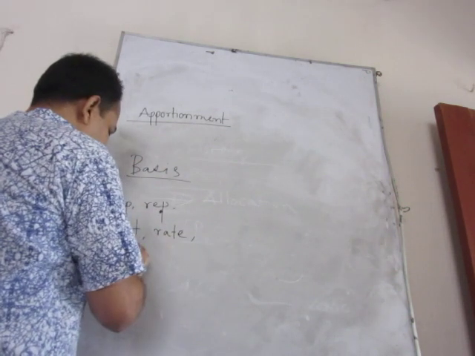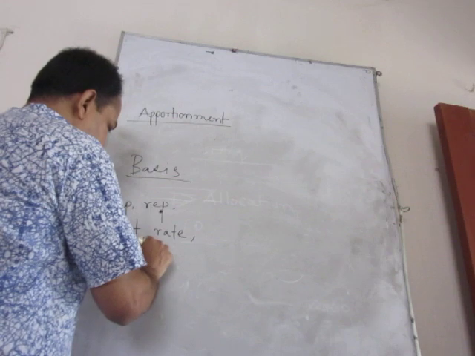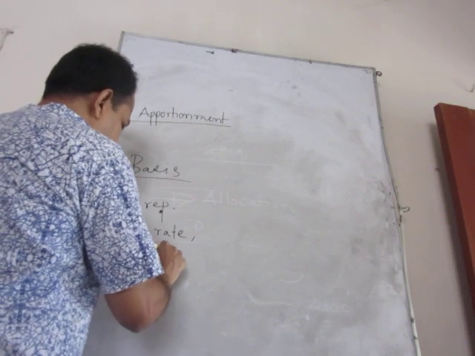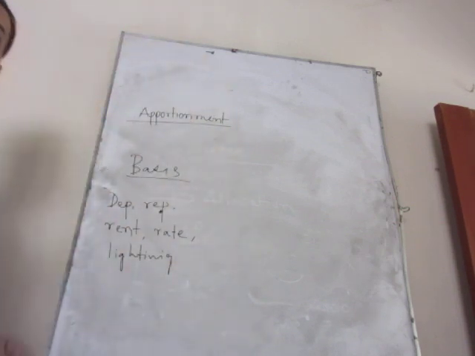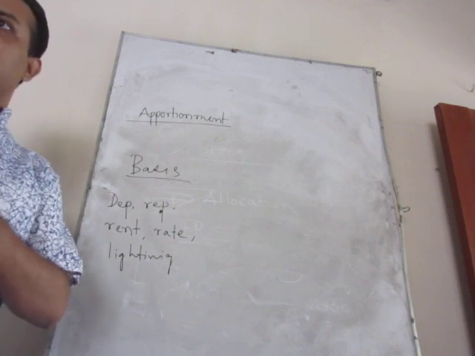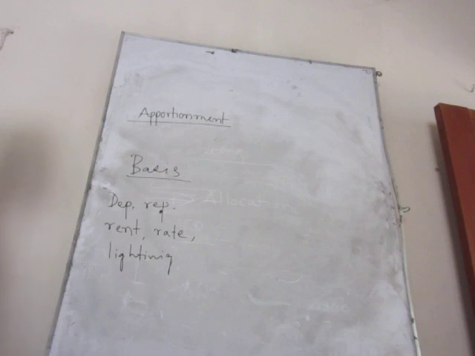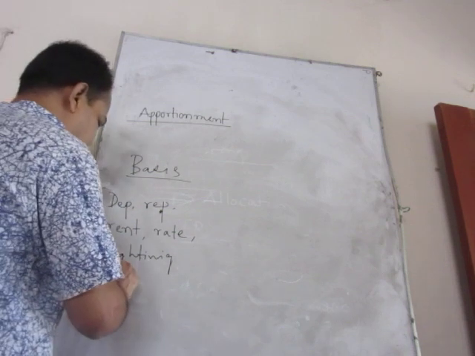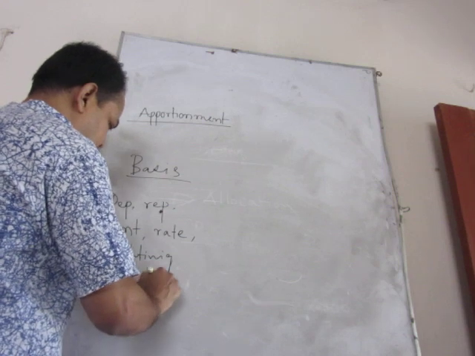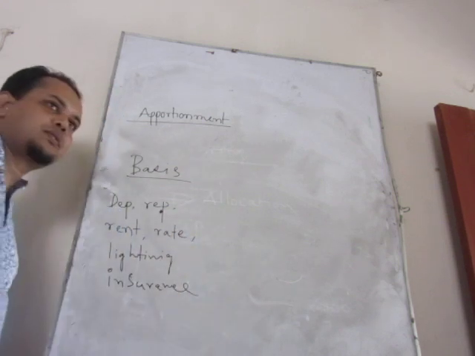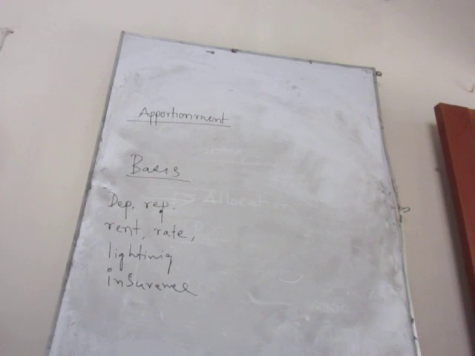Then lighting. That is, you have to spend a specific amount for lighting your premises, right? And even insurance. So these are the different examples of indirect cost.